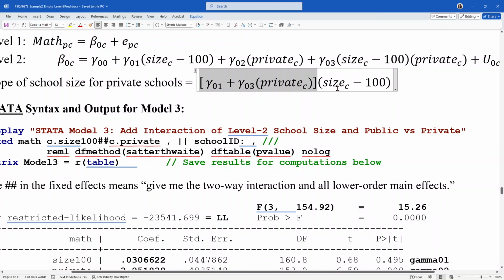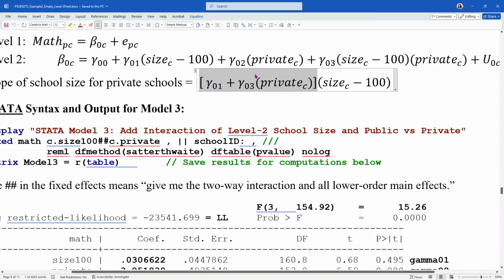So the effect of school size starts off with whatever it is for public, and then we change it by the interaction term multiplied by the moderator, which is school type in this instance. So if private goes to 1, then the effect of school size in private schools is gamma 01 plus gamma 03. And we can do that on a calculator just fine. The reason to go to the trouble to ask for it is so that you also get a standard error and a hypothesis test that goes with it.